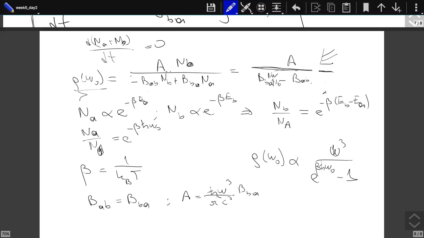And the proportionality constant is A. So that is how we can read the A. A is the amplitude for spontaneous emission. And in fact, you can even read what B_AB is by just putting in the constants. It just turns out to be equal to the stimulated emission or absorption. All those three things turn out to be equal.